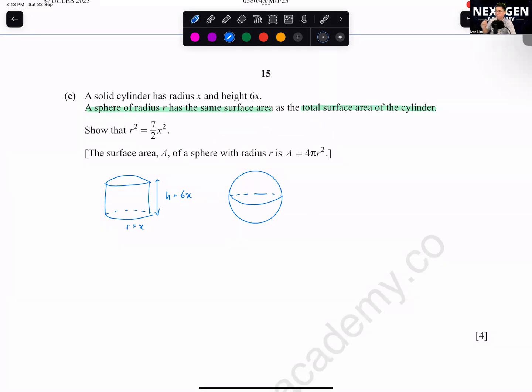Okay, so what do they want us to find? They want us to calculate the total surface area, right? So for the solid cylinder, the radius is x. The area is 2 pi r height plus 2 pi r squared. Pi r squared is the top and the bottom, and 2 pi r height is the side.